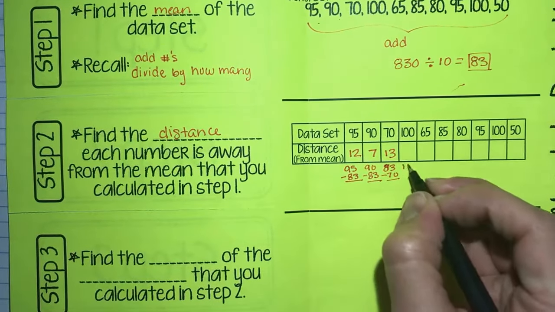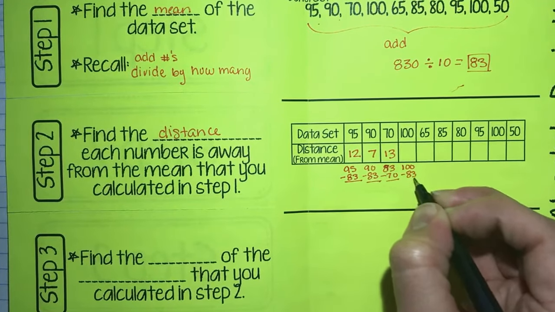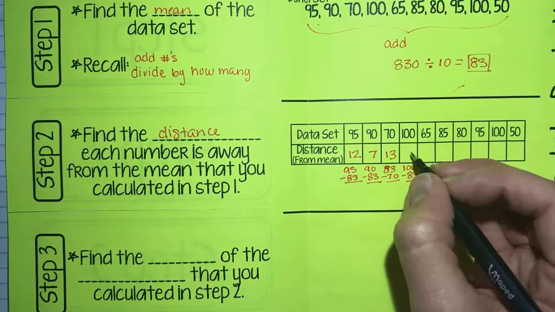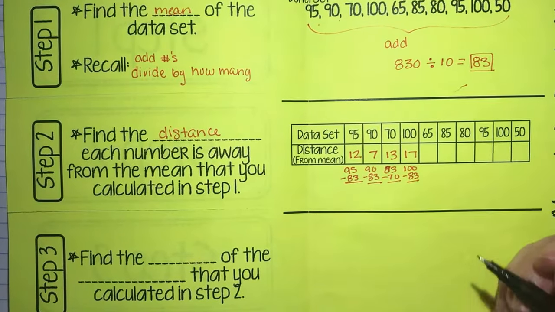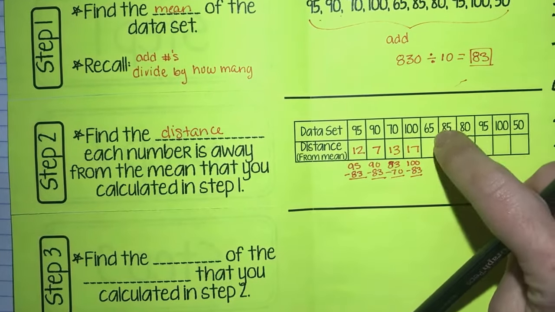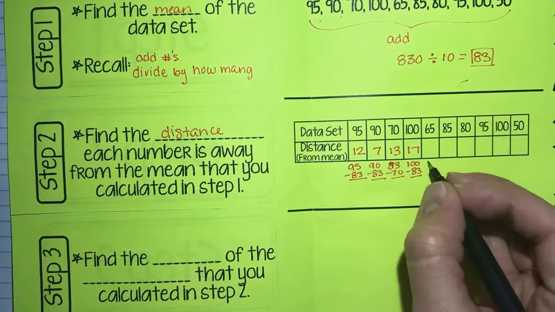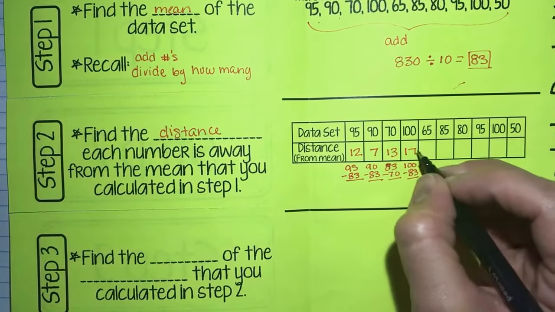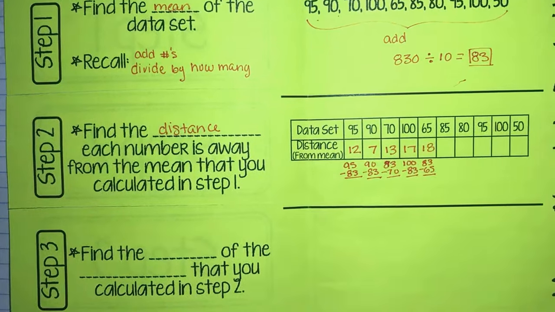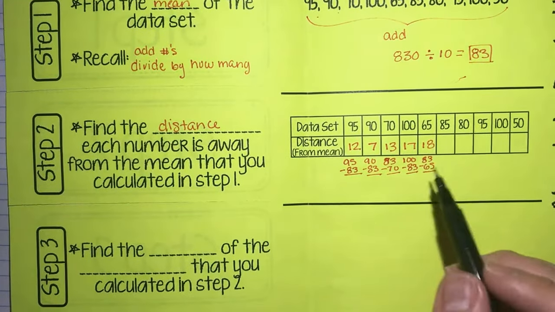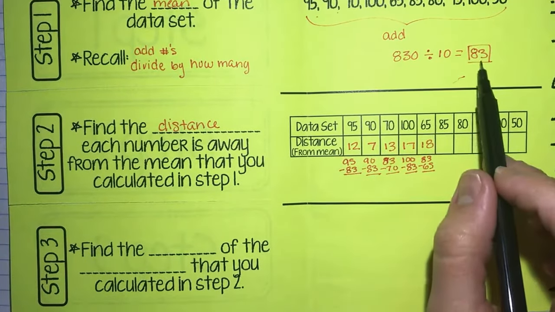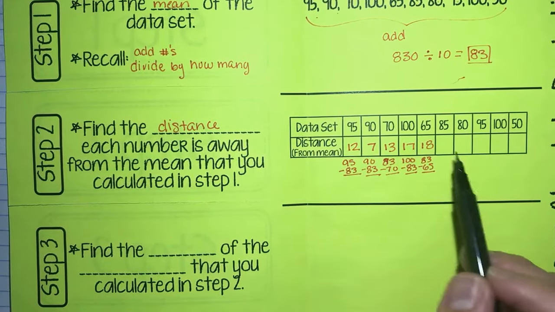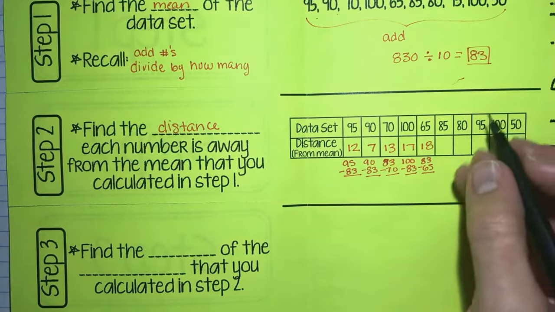100 minus 83, and you get 17. Now with the 65, this one's bigger, so 83 minus 65, 18. So again, you're finding the distance of this number and this one, and you're subtracting them to find that out.